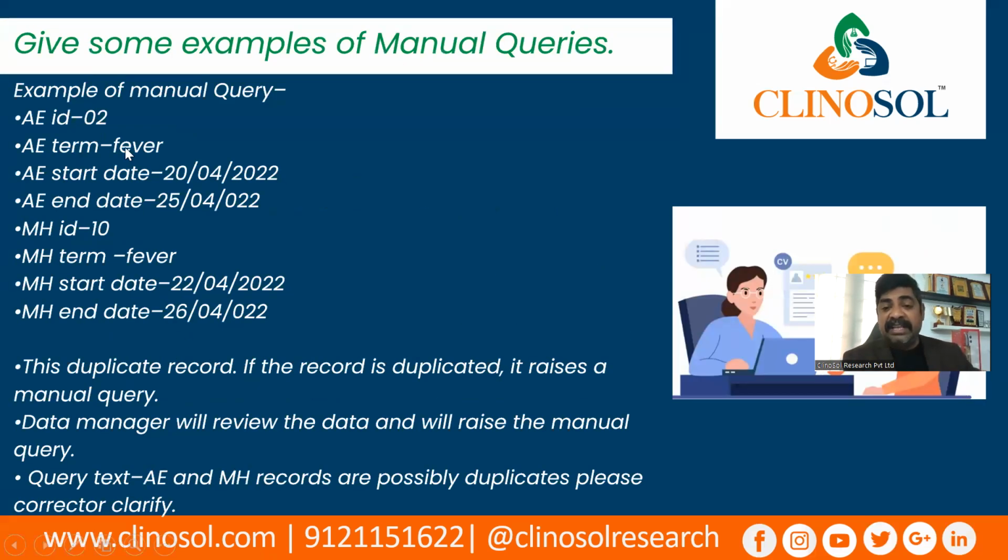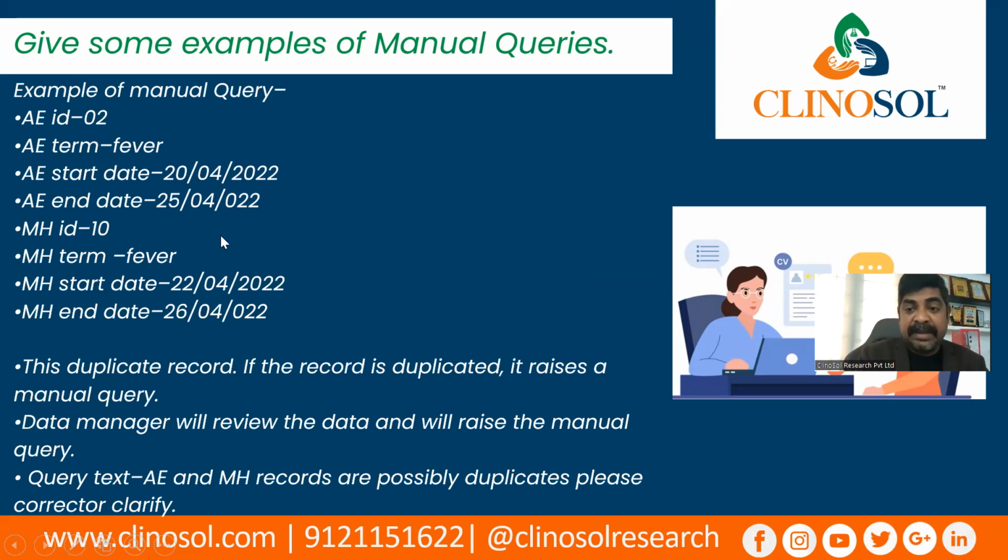Now, examples of manual queries. For example, there are two forms. One has AE ID, AE term, AE start date and AE stop date. The other has MH ID, MH term, MH start date and MH end date. Say, for example, the AE term and MH term are matching, and the start date and stop date are overlapping.